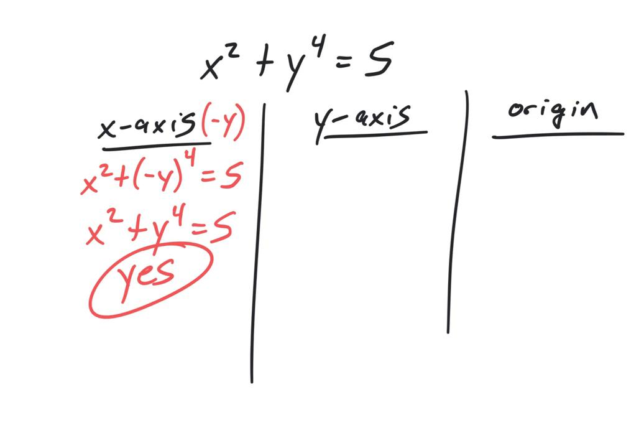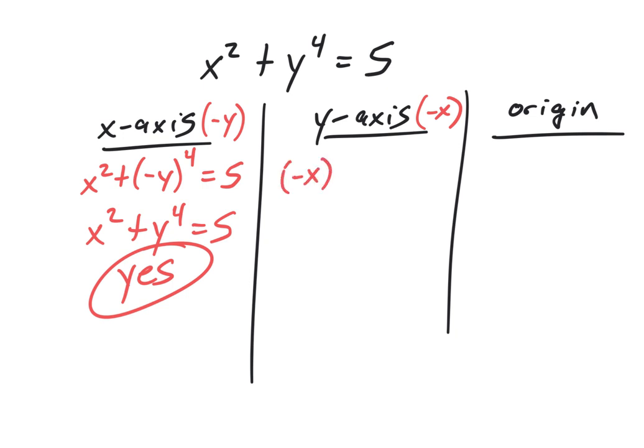But we can't just stop there, okay? Because what we talked about before is sometimes it's symmetrical to 2 of the 3, sometimes it's symmetrical to all 3. There could be a lot of different options here. So we got to check all 3, even if we answer yes or no on the first one. Okay, for the y-axis, we're going to do the opposite of x.